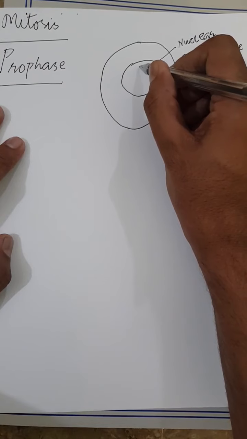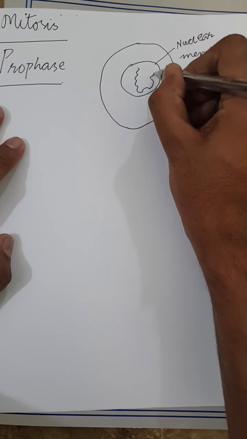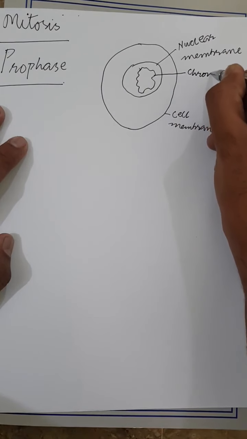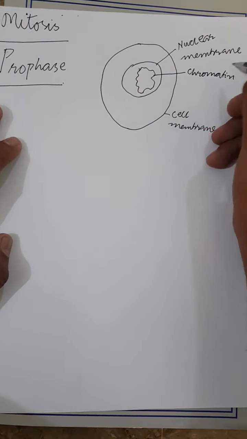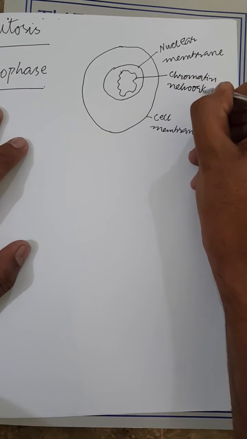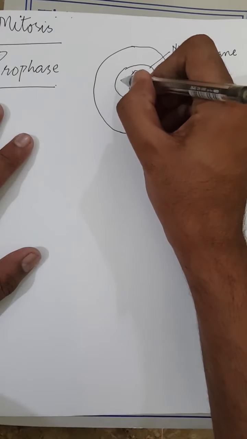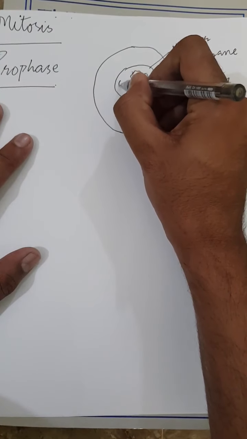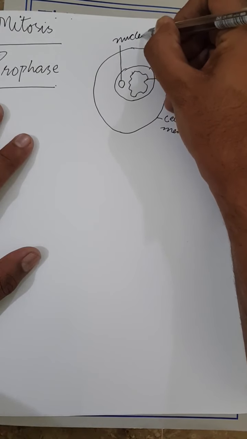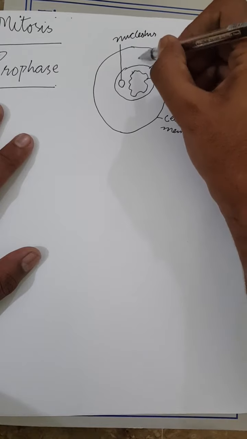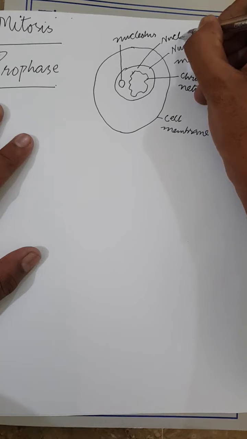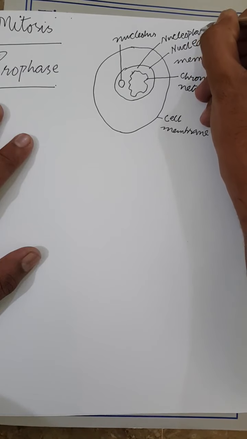The very first thing and the most important is its chromatin network. Then there is a central body called the nucleolus, and the fluid of the nucleus is called the nucleoplasm.